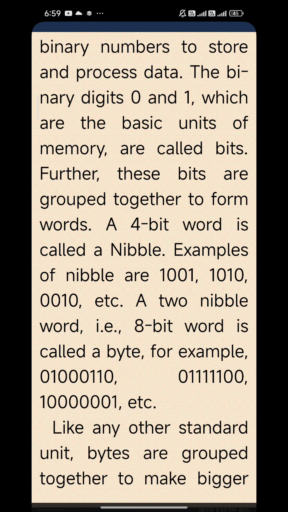A computer system uses binary numbers to store the processed data. The binary digits 0 and 1, which are the basic units of memory, are called bits. Further, these bits are grouped together to form words. A 4-bit word is called a nibble. Examples of nibbles are 1001, 1010, 0010, etc. A 2-nibble word, that is an 8-bit word, is called a byte.